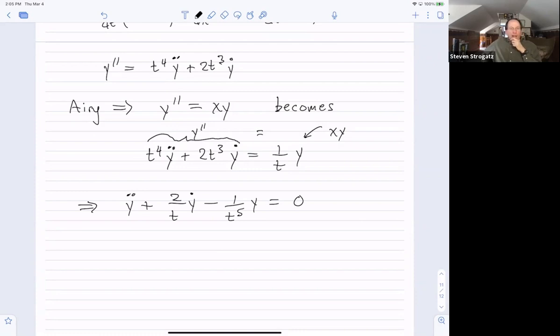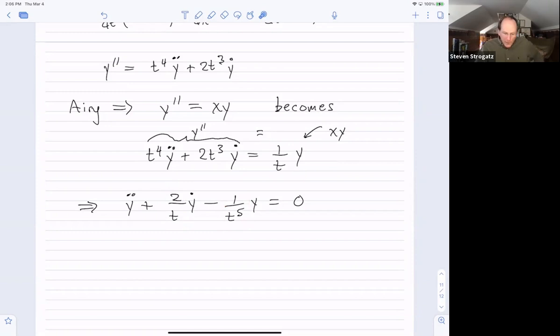And so let's stare at that. The test is, we're trying to see, do we have an irregular singular point or a regular singular point at t equals 0? So first we observe this is not more singular than 1 over t, so it's still in the running to be a regular singular point. But this is much more singular than 1 over t squared. That's 1 over t to the fifth.